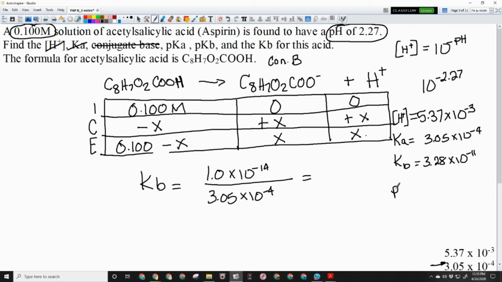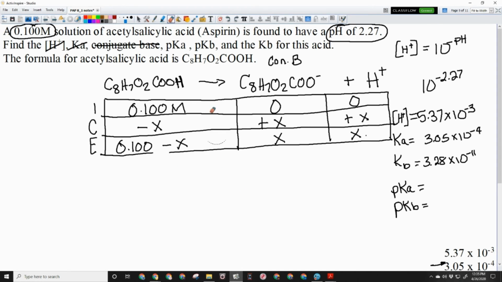All right, so now we can calculate pKa and pKb. pKa is equal to the negative log of our Ka value, which is 3.05 times 10 to the negative 4.